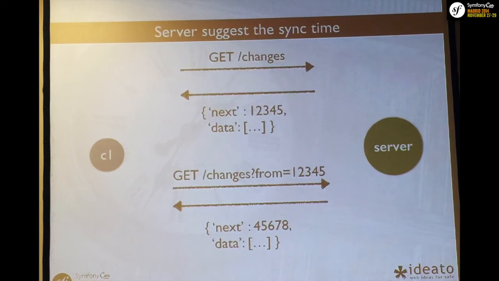So on the second request, the mobile client appends this parameter to the request, and then the server knows that it needs to take care of data just from that given instant of time. In this way, we don't have to deal with timestamps generated from the mobile application. Okay.